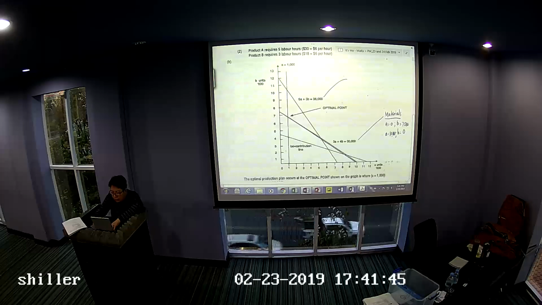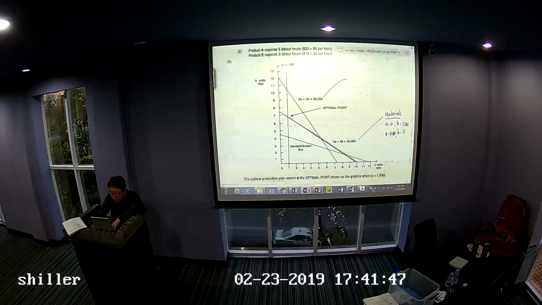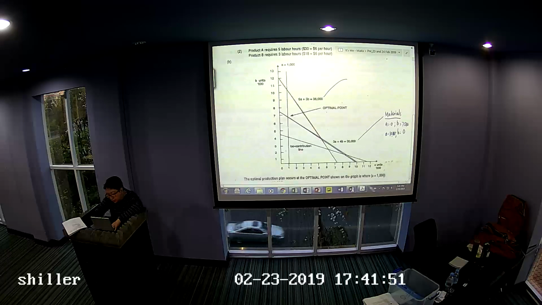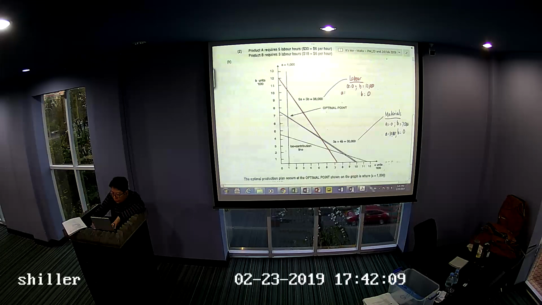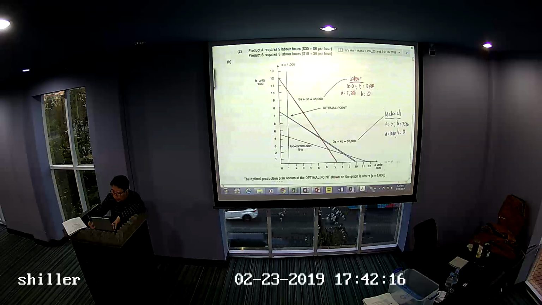How about this? The red one is your labor constraint, yes? If A is equal to 0, B is 12,000, is that correct? If B is 0, A is equal to something, what is it? 7,200, okay?